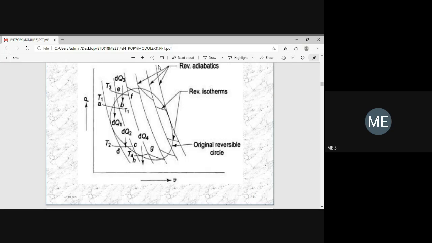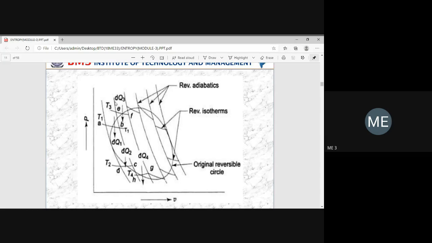Then you have to cut this original reversible cycle by means of a number of reversible adiabatic lines. First you draw the original reversible cycle, and then cut it by means of a number of reversible adiabatics. See what curves you are seeing on the screen. These are all reversible adiabatic lines.